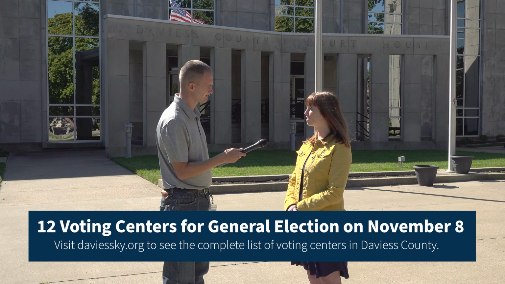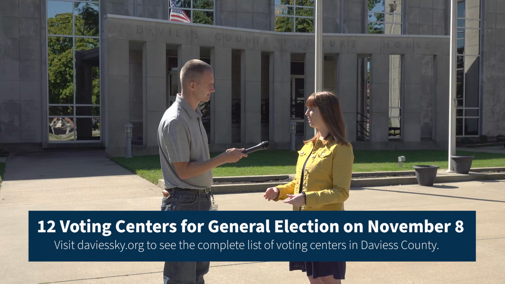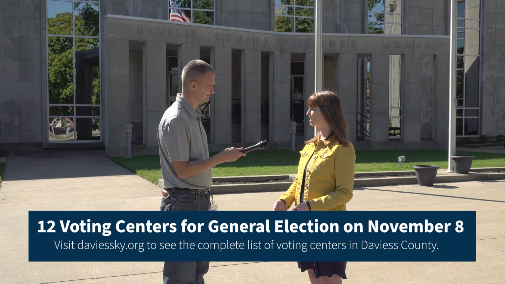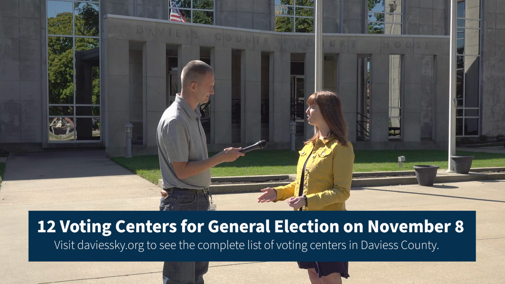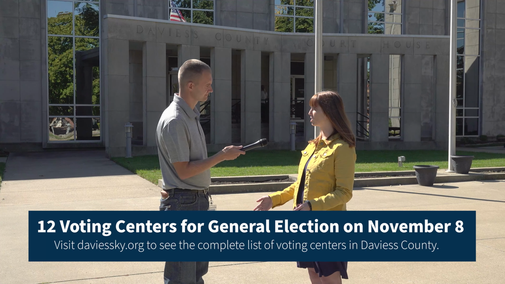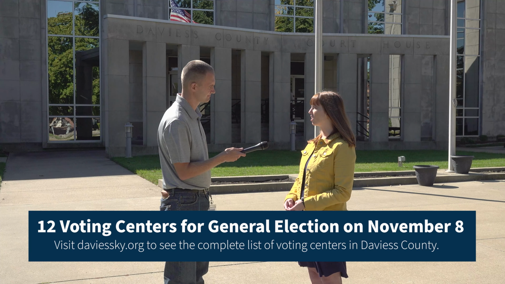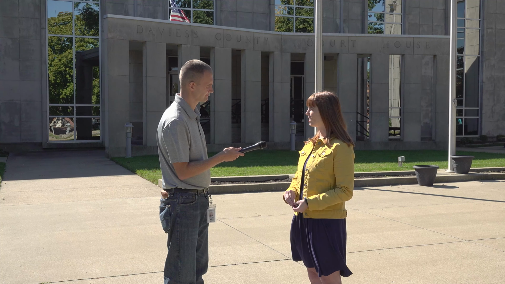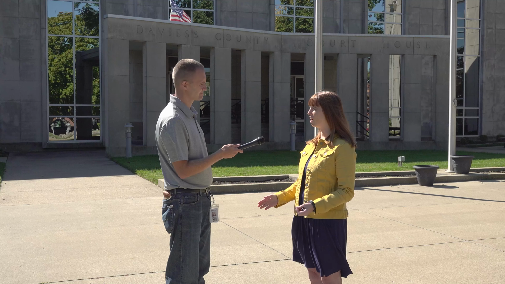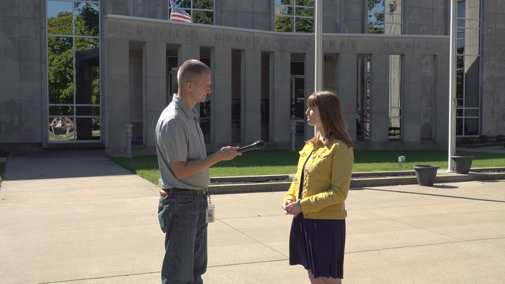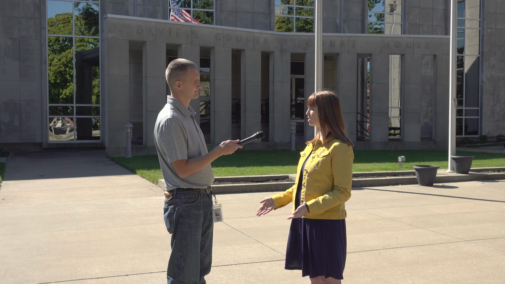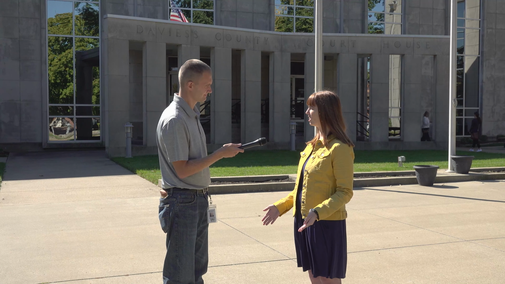So you used to go to your precinct, and that would be in some building like a church or a school, and you would vote at your precinct. And sometimes you couldn't remember where your precinct was or where you should vote. So we used to have 88 of those. We narrowed that down to 56 precincts, and now legislation was passed to have vote centers, where it doesn't matter what precinct you're in, you can go to any vote center in the county and vote.